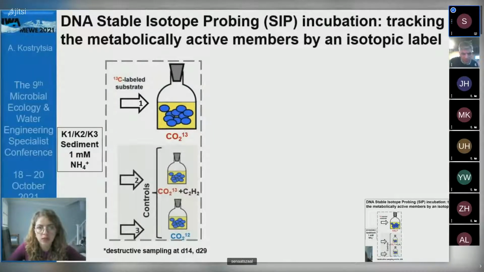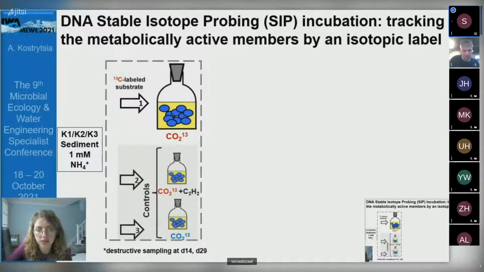So we used DNA-SIP for our incubations of 3 different sediments with various salinities, amended with ammonia. We fed C13 labeled substrate to our batch in order to label the actively growing nitrifiers.